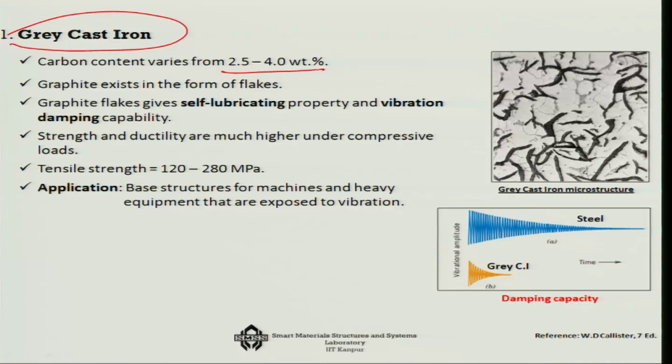The graphite here exists in the form of flakes, as you can see, and these graphite flakes give it an excellent self-lubricating and vibration damping capability. The strength and ductility are much higher under compressive loads, and the tensile strength is somewhere between 120 to 280 megapascal.